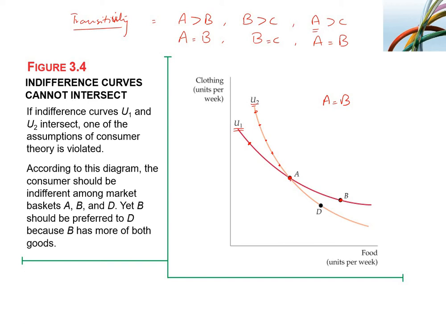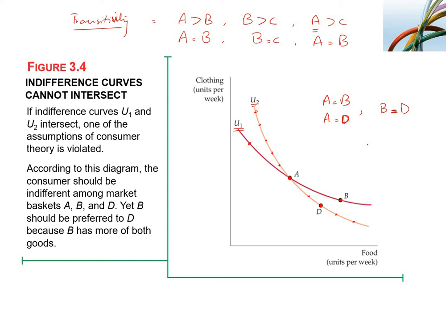So we are saying that A is equal to D, or any other point available on U2. So A is equal to B, and A is equal to D, and transitivity suggests that if A gives equal benefit as B, and A gives equal benefit as D, then B should be equal to D. This is the assumption of transitivity.